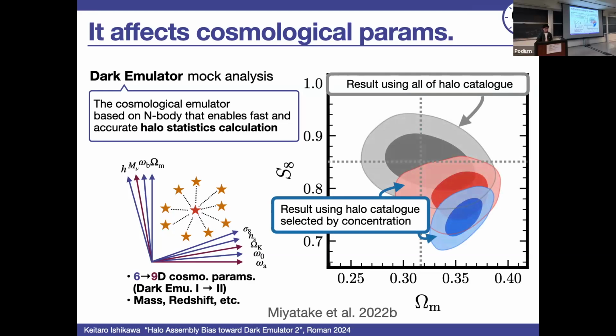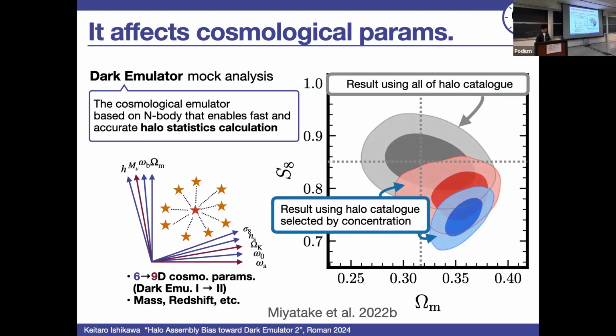And these dashed lines are input values. These contours are the result when we use the dark emulator, which doesn't consider the assembly bias effect.